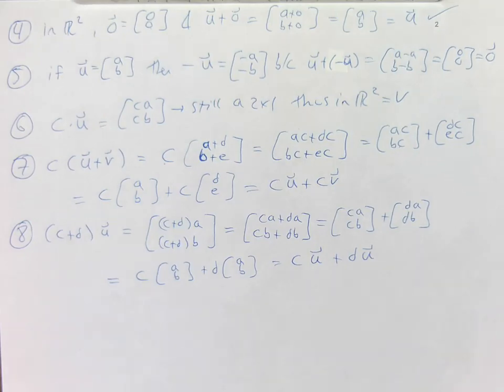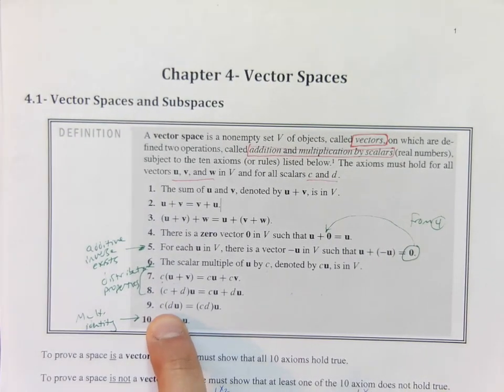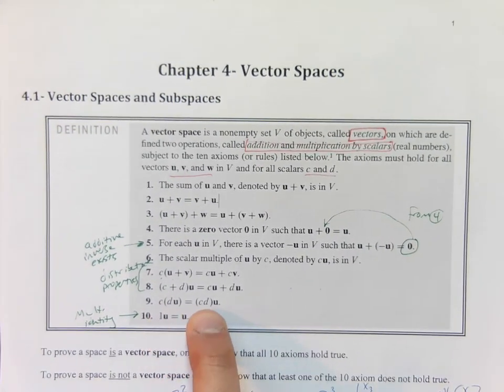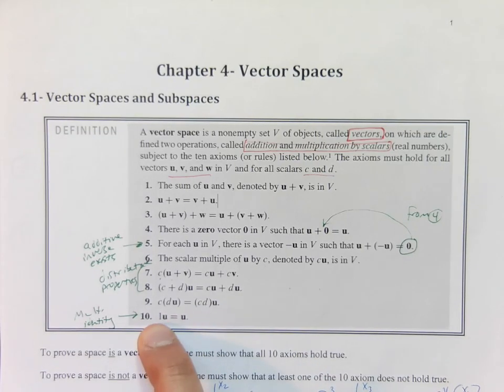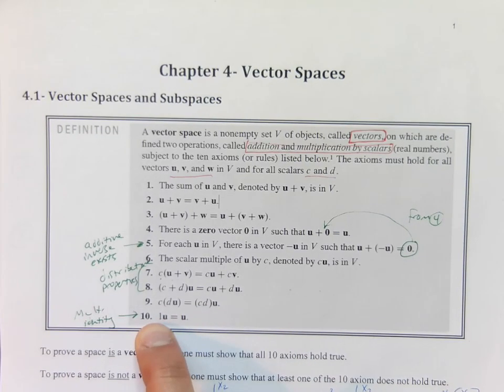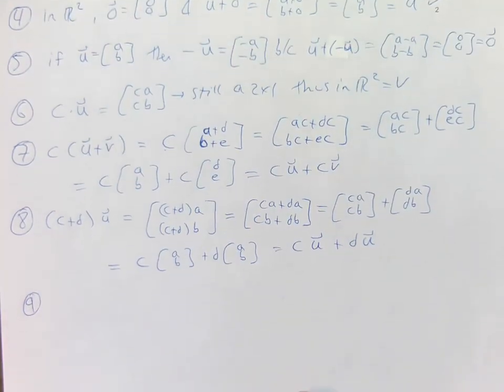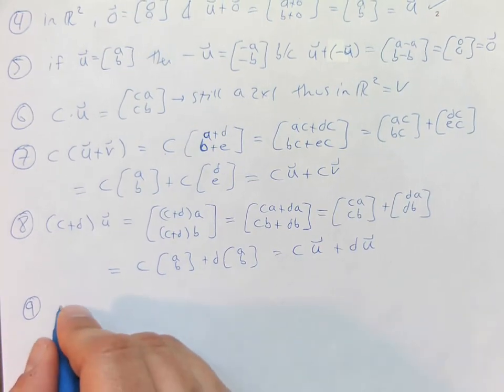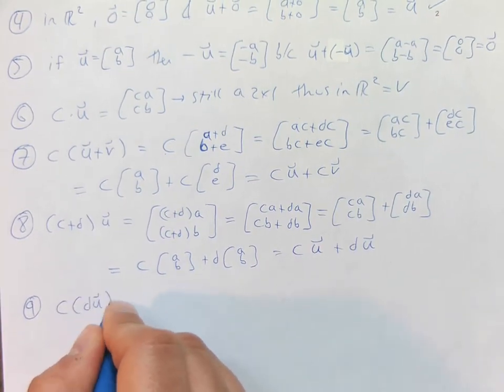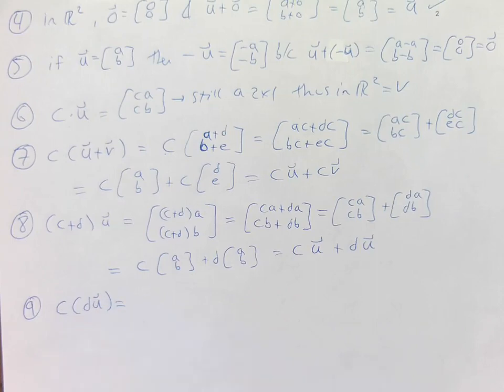Okay, great. 9 and 10 are a little more straightforward. So 9 is telling us we should be able to reorder scalars multiplying a vector. And then 10 tells us when you multiply the scalar 1 times a vector, it should stay the same. So those things are a little more easy to show, a little quicker. So 9 would look like C times D times U, and then we want to write out the components, rearrange things, and regroup.